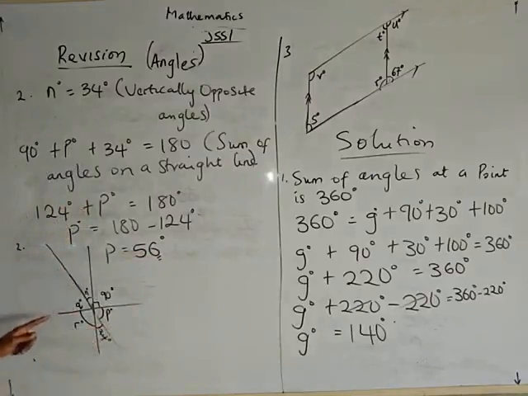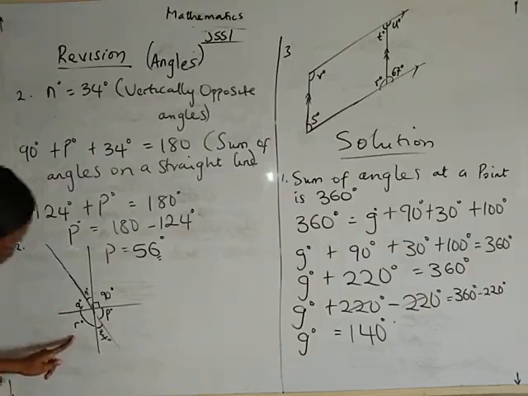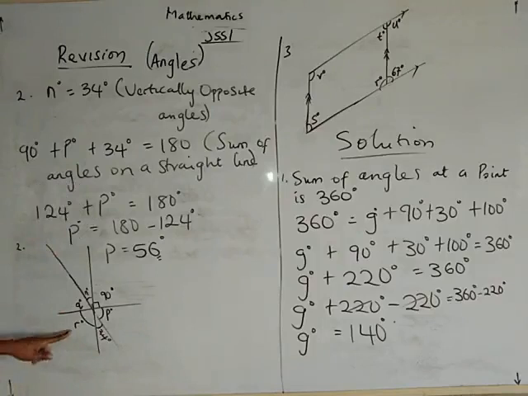Now we are left with Q and R. So how do we go about this? Very, very simple. If you look at this angle R, it is opposite to this 90 degrees. So you can as well say that R is equal to 90 degrees. And what is the reason?